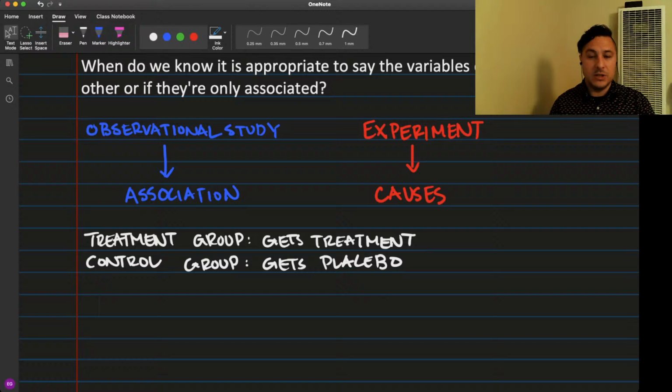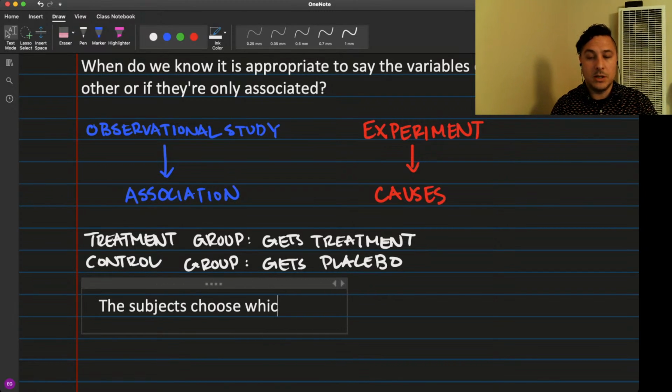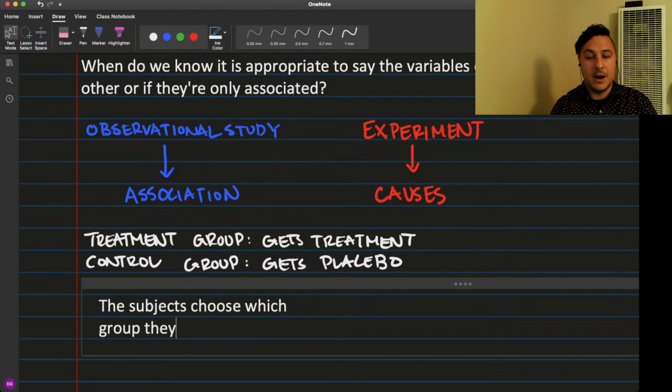Okay, in an observational study, the subjects choose which group they are in.